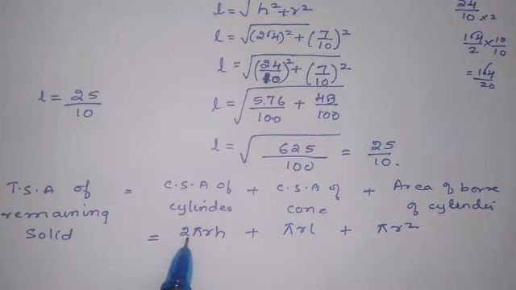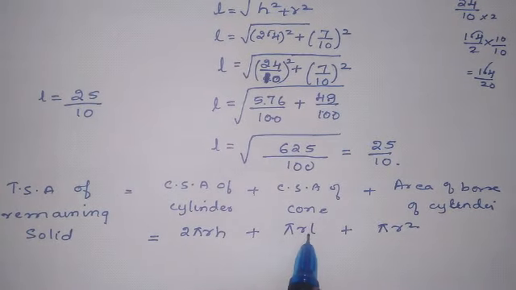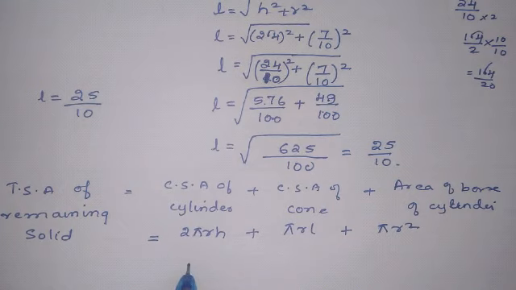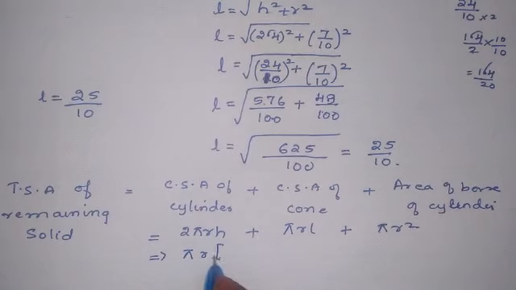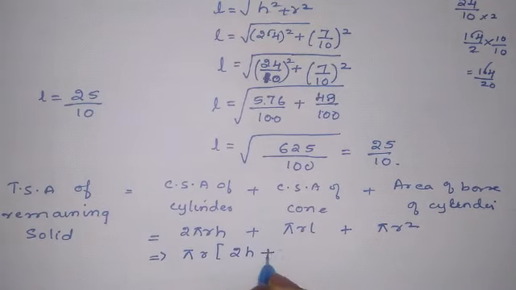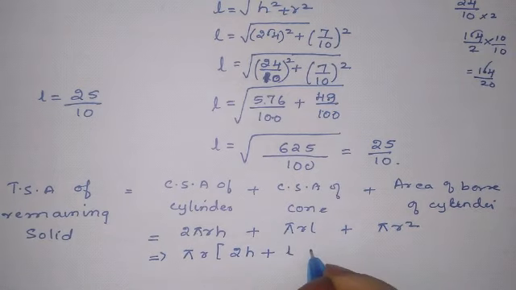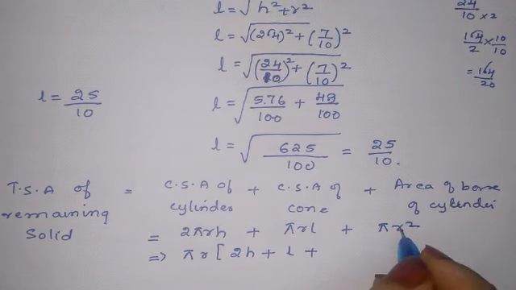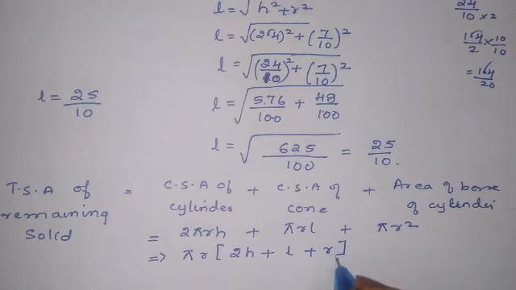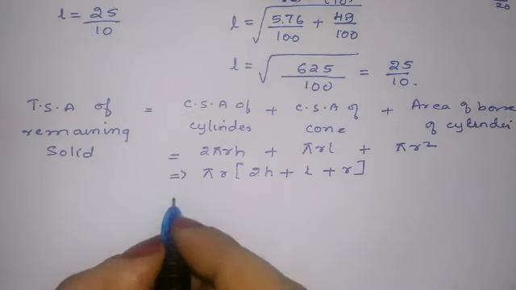Now let us see here, pi is common, r is common, so I will take pi and r common outside. If I take pi and r common, 2h is left, here l is left, and if I take one more, r will be left. So let us start substituting the values.